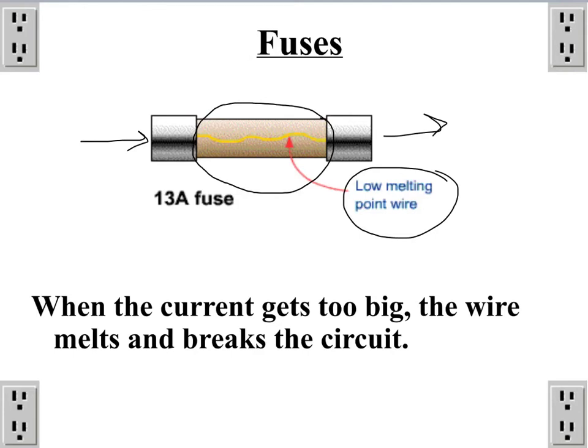If that happens, then the wire will melt. And that will cause a break in the circuit, and you should know that that will stop any current flowing. And if you stop current flowing, then you also make yourself safe from electric shock.